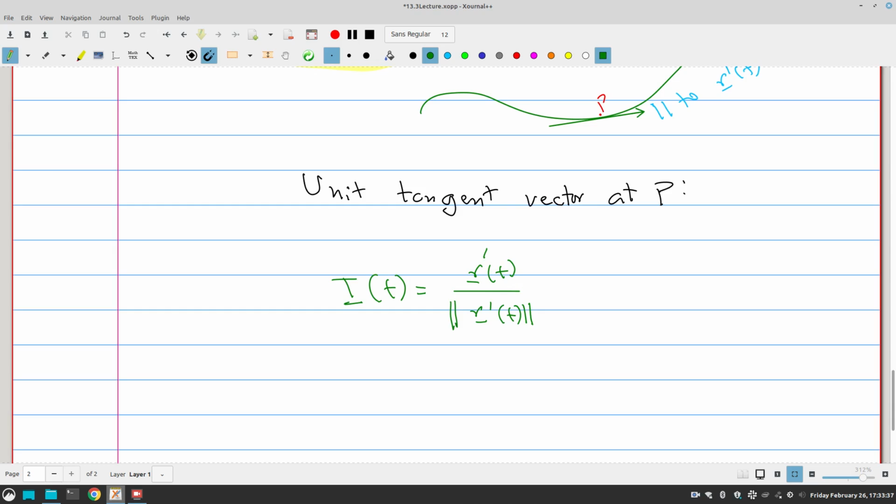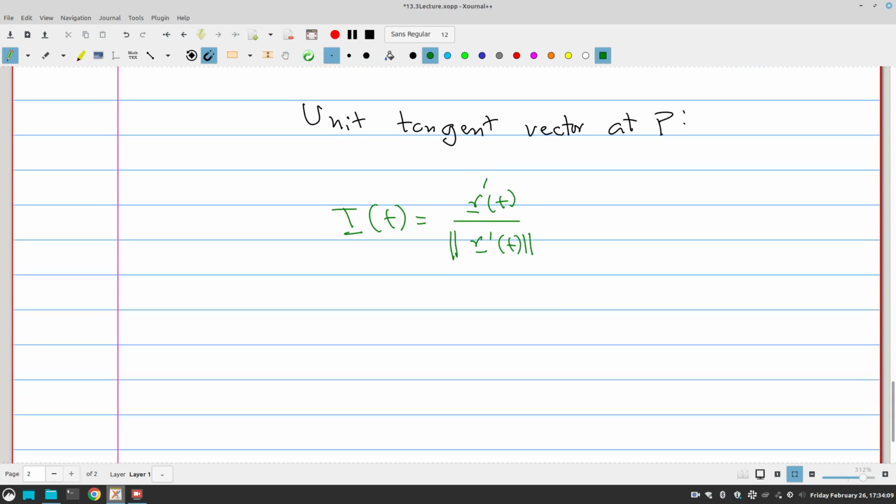Now, the tangent vector tells you what direction the curve is going in. So the more rapidly the tangent vector changes, the higher its curvature. Curvature is a way of measuring how fast the tangent vector changes. So we define the curvature, kappa, of a curve.